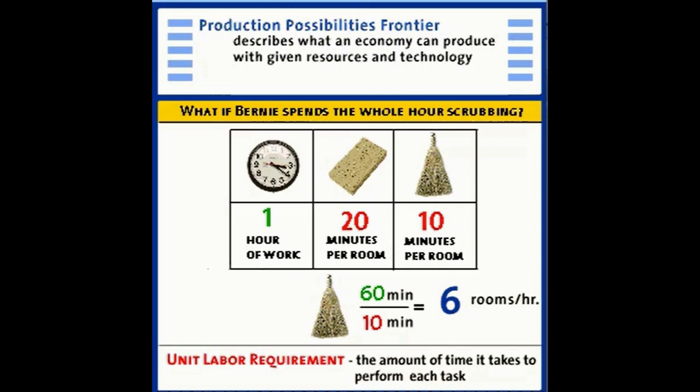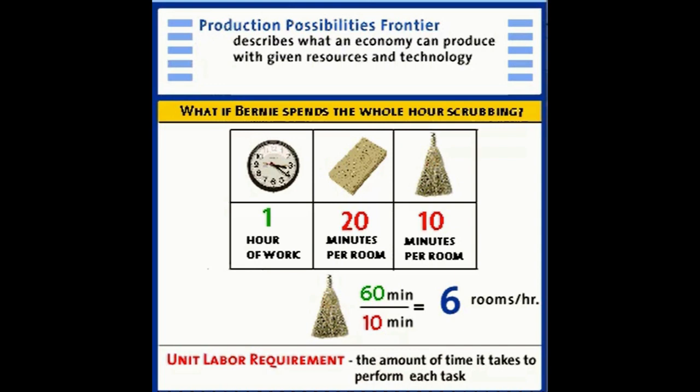So what we'll do now is derive a production possibility schedule for Bernie by looking at different combinations of sweeping and scrubbing that are possible for Bernie in 1 hour. Remember, Bernie can spend 10 minutes sweeping or 20 minutes scrubbing and divide up his hour any way he likes. Well, let's look at some numbers that work for Bernie.